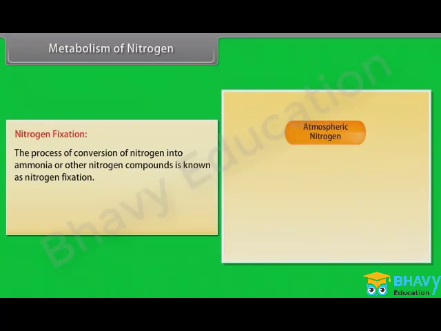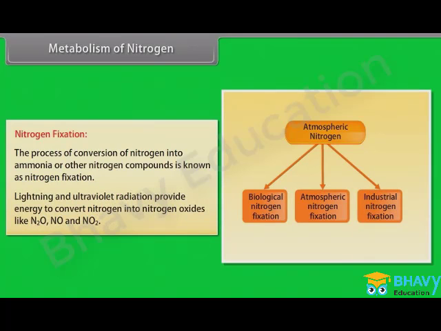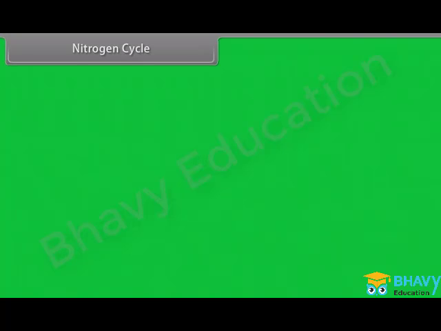The process of conversion of nitrogen into ammonia or other nitrogen compounds is known as nitrogen fixation. Lightning and ultraviolet radiation provide energy to convert nitrogen into nitrogen oxides like N2O, NO, and NO2. Nitrogen cycle.